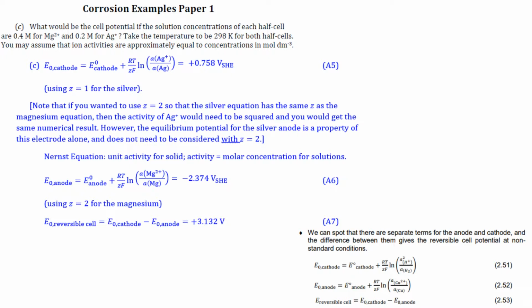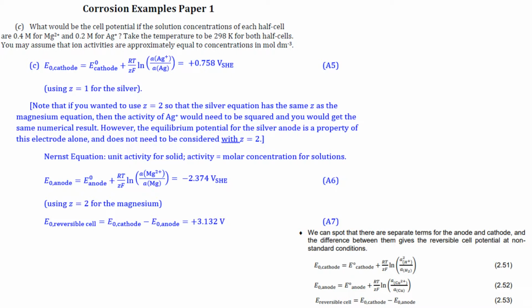For the magnesium dissolving to magnesium 2+ ions, the anode process, you can use the Nernst equation in A6 to find the actual equilibrium potential E subscript 0 at some general concentration. So the actual equilibrium potential is equal to the standard equilibrium potential at unit activity, that's the E superscript circle, plus a log term correction because of the actual concentration.